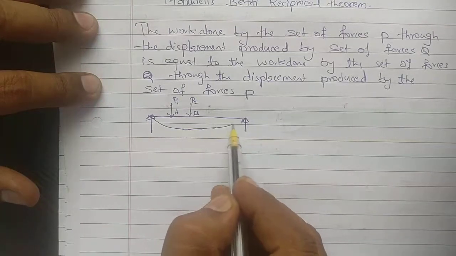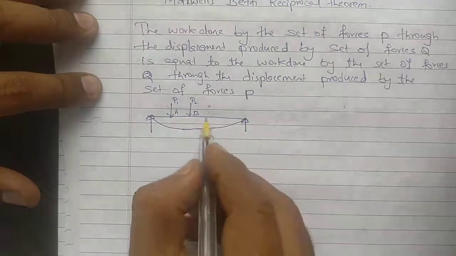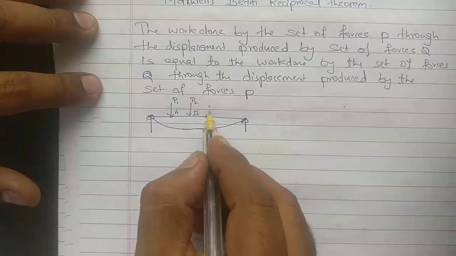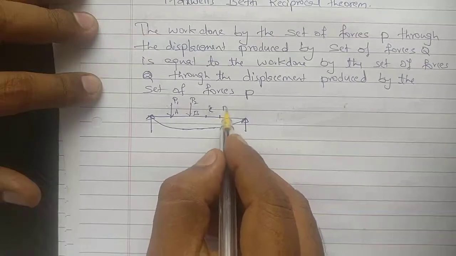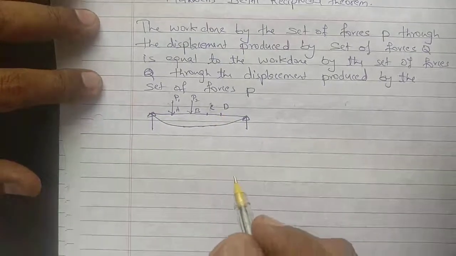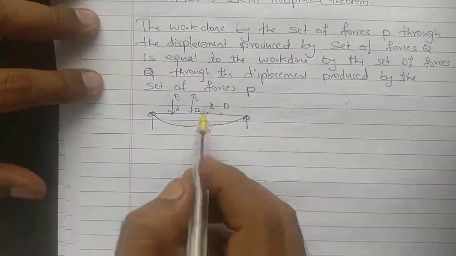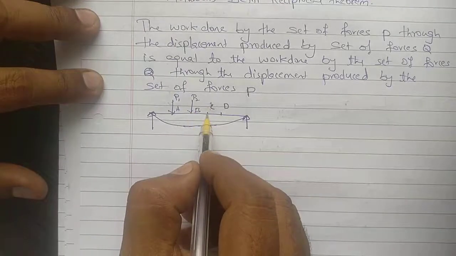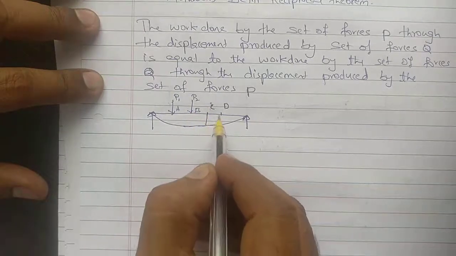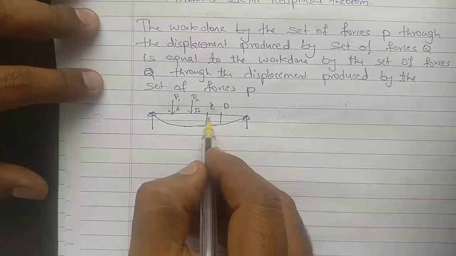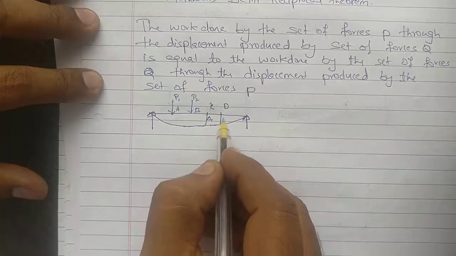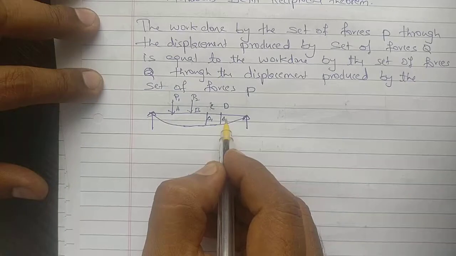This is the displacement. We have one more point C and point D. The deflections at C and D we denote as delta 1 and delta 2.